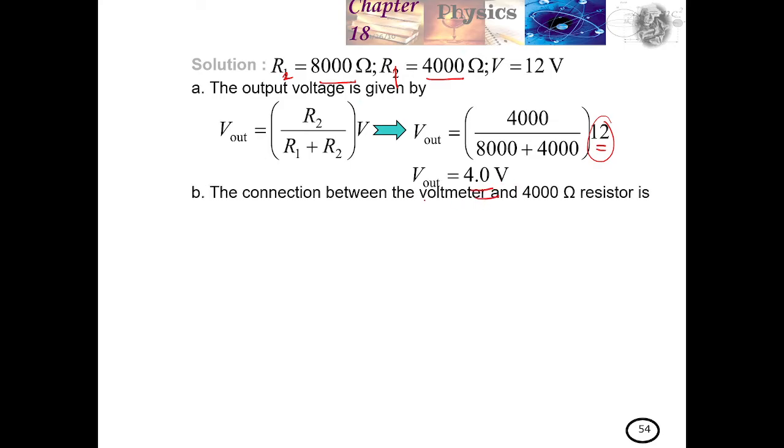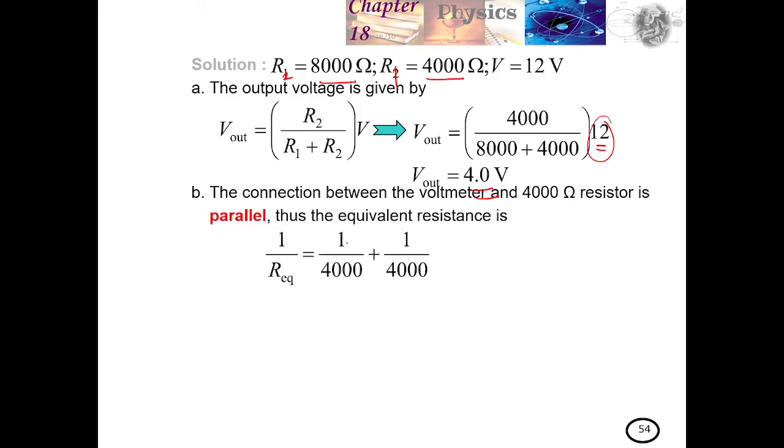So the fraction of the V taken out from the 12 is only 4 volts. The connection between the voltmeter and the 4000 resistor is parallel, so the equivalent resistance is 1 over R equivalent equals 1 over 4000 plus 1 over 4000. So R equivalent is 2000. Remember, this is the source, this is R2, this is R1.